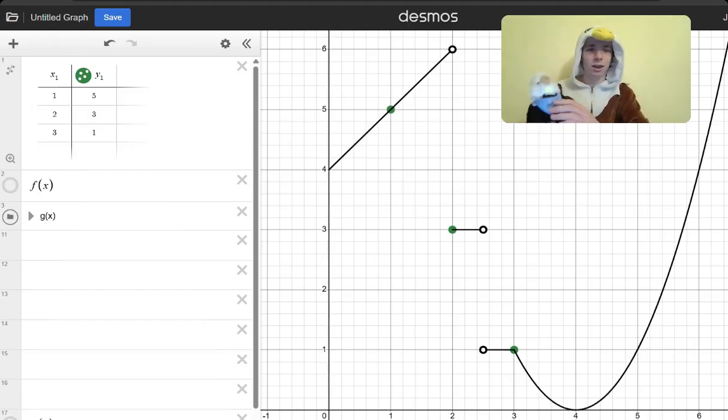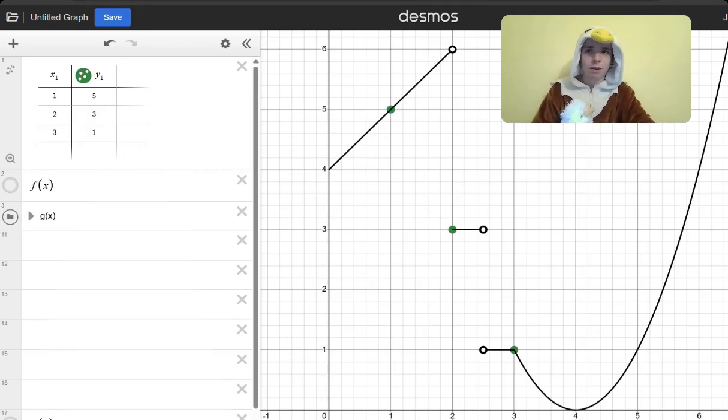So you could be talking something like what Spirit would be doing, and it would just be jumping around like that. But you don't know that much about the graph from a table. It can be hard to know for sure. So a lot of times tables involve making an educated guess.